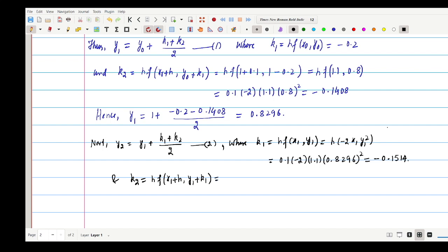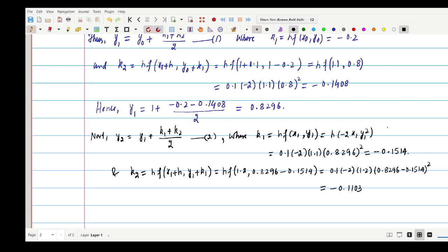So this is equal to h f of x1 plus h, where x1 is 1.1 and h is 0.1, so this becomes 1.2, and y1 is equal to 0.8296 and k1 is minus 0.1514. Then this becomes equal to minus 0.1103. So that is the value for k2.